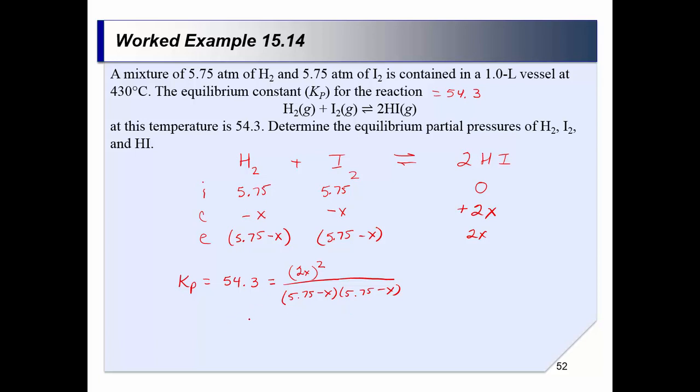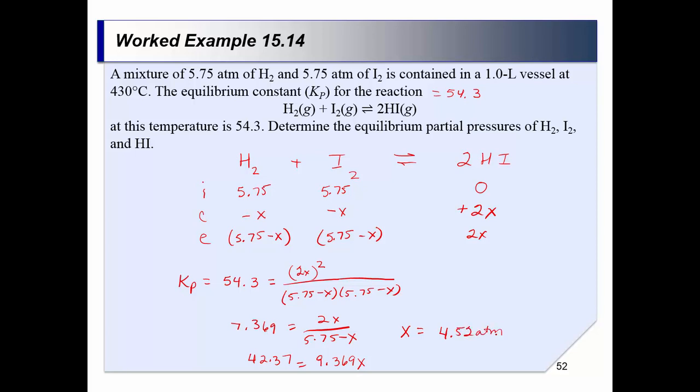When I take the square root of both sides, I believe that was 7.369, and that is equal to 2x over 5.75 minus x. Go through the algebra here and end up with 42.37 equals 9.369x. Solve for x and get a change in this case of 4.52 atmospheres.